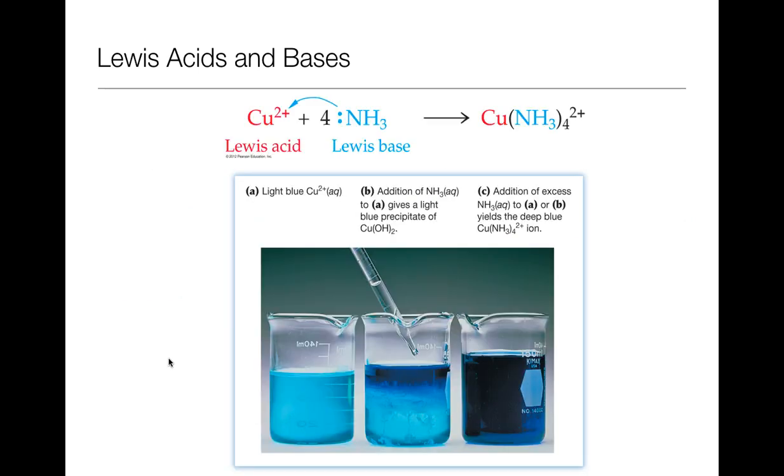But what I really wanted to show was, we see up here a Lewis acid, Lewis base reaction. If we look up there, there's no source of hydrogen at all, because those NH bonds that are in ammonia are pretty stable. Those are not acidic bonds. What we see instead is that we have a lone pair on the nitrogen that attacks the Lewis acid, in this case the copper.